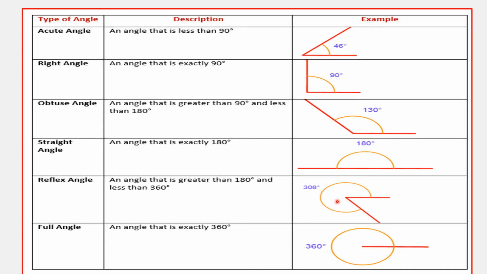You can see here it is moving more than a straight angle, but it is less than 360. And full angle is also called a complete angle, an angle that is exactly 360 degree, that is one full rotation.